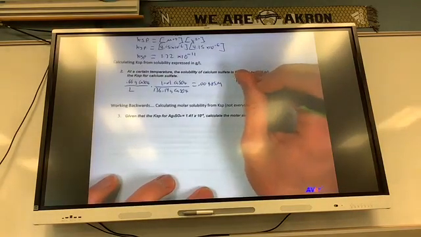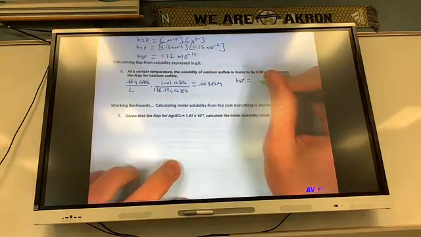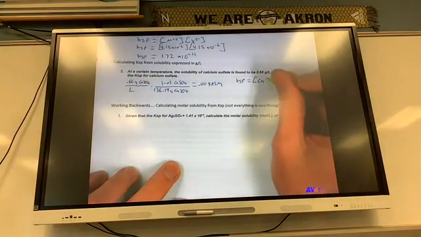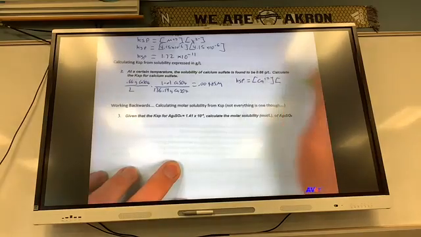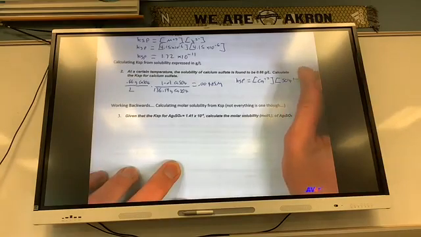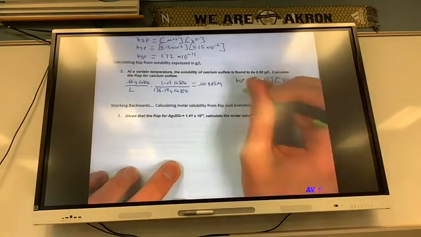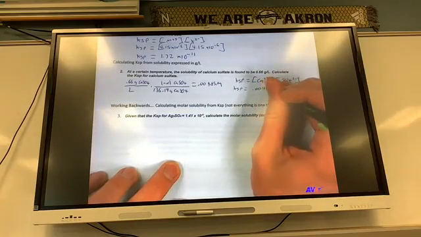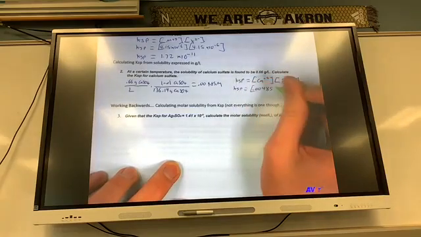KSP is going to equal the concentration of Ca plus 2 times the concentration of SO4 minus 2. So KSP is going to equal essentially 0.00485 squared.